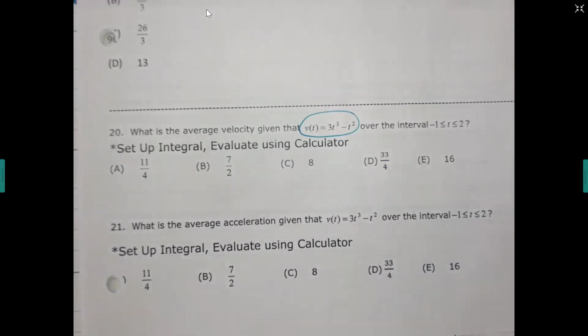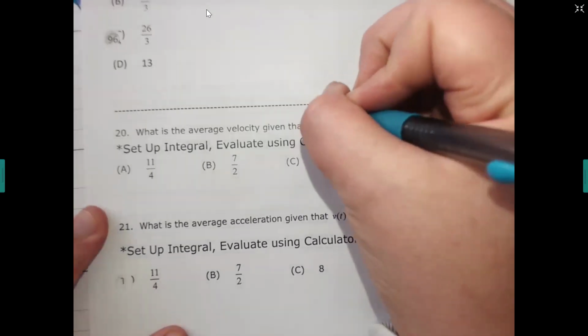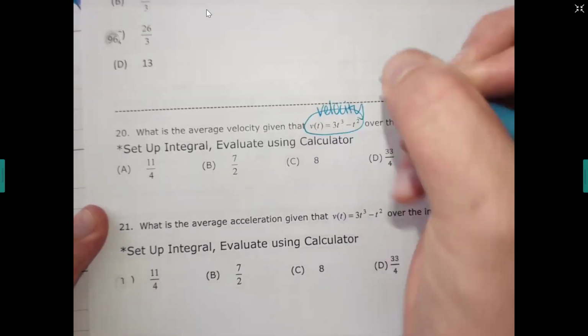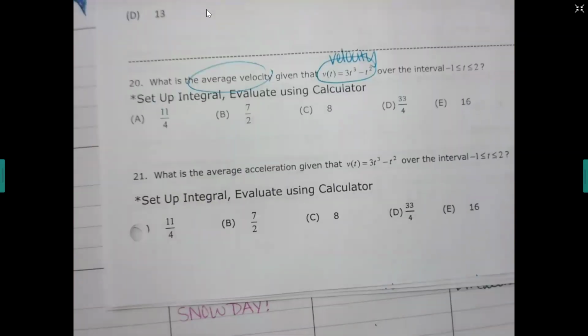All right, let's try to lock in because we just have to do 4 more questions, but they're all in the calculator so they could go really quick. If you have velocity and you want the average velocity, that's the average value formula because you have the function that you want the average of. So write down the formula 1 over b minus a, but use these numbers.